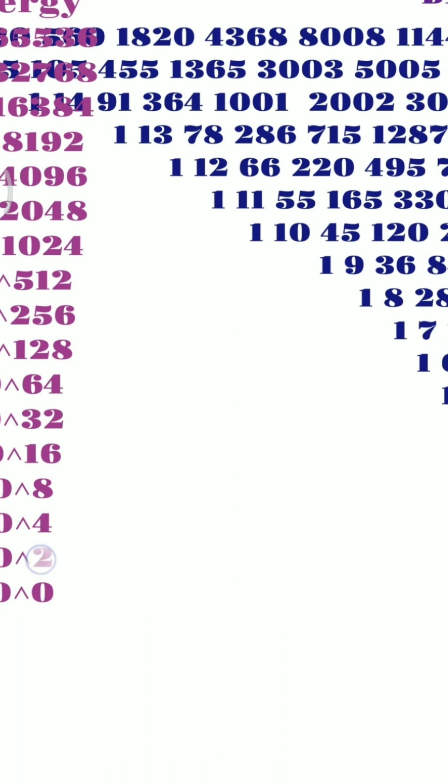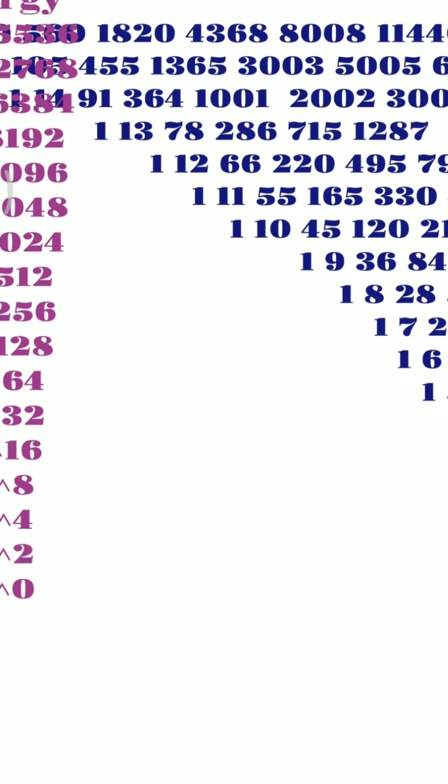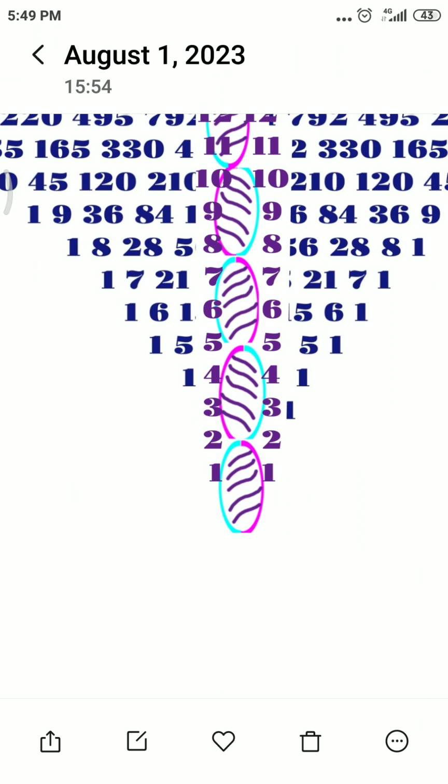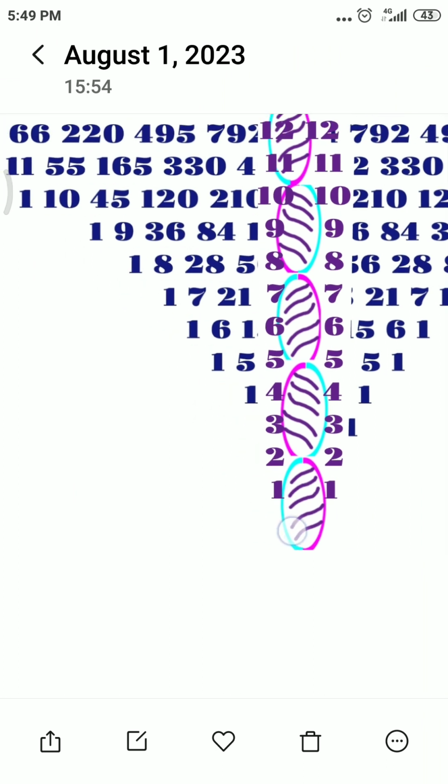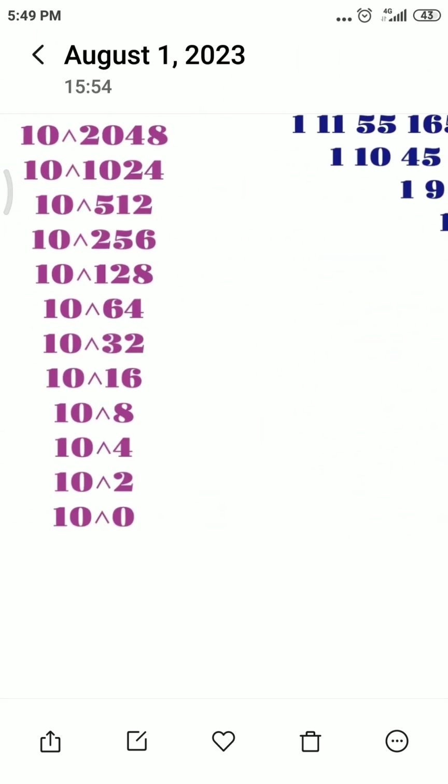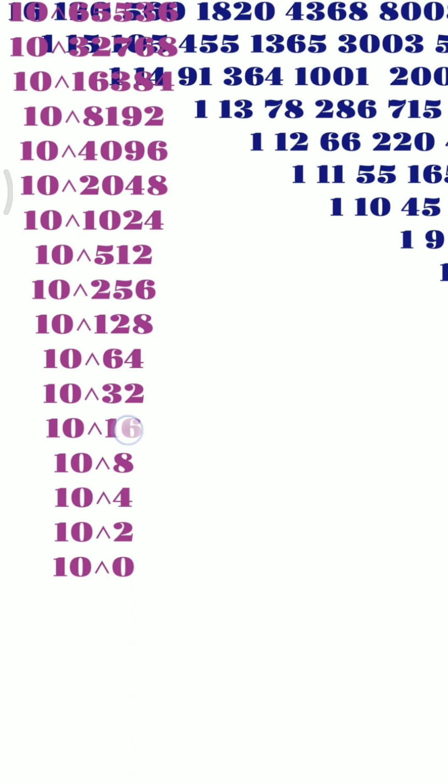So the total probability is 2 here, that is 1 plus 1, and total probability is 8 here, so it will be 1 plus 3 plus 3 plus 1, and 1 plus 4 plus 6 plus 4 plus 1 will be 16. So something like that.